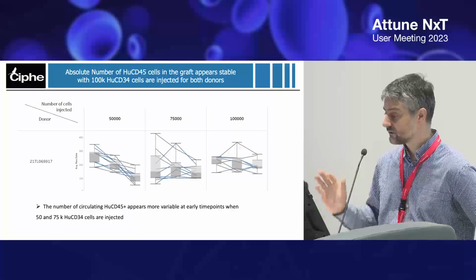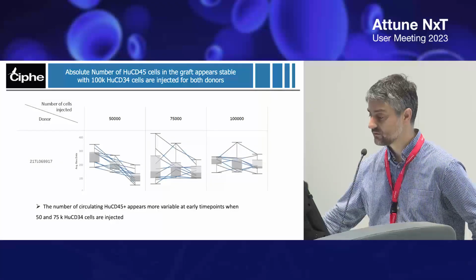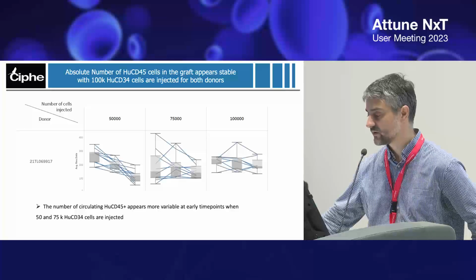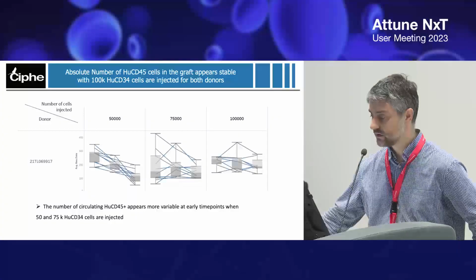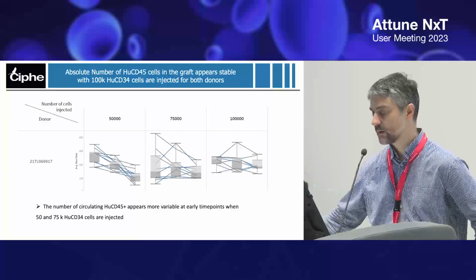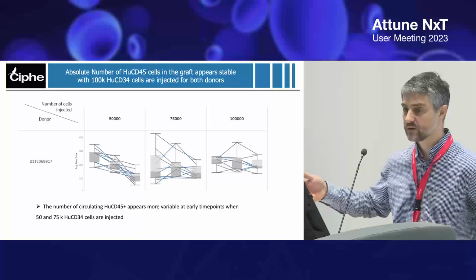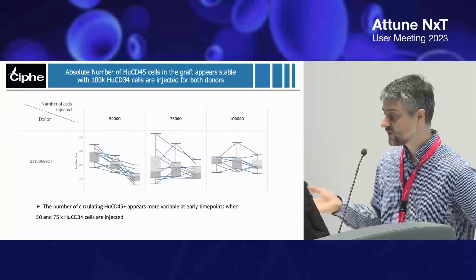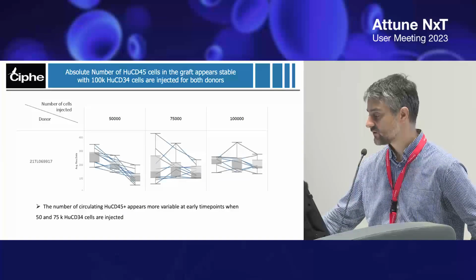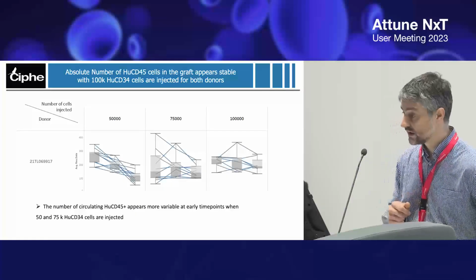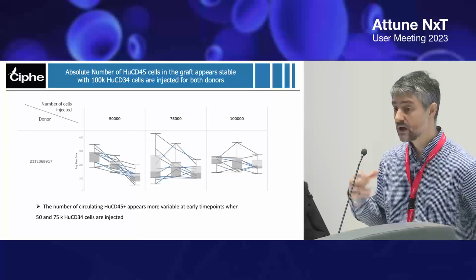For example, if you inject different numbers of CD34 cells, like here 50,000, 75,000, or 100,000 cells, you find out that if you don't inject enough CD34 stem cells at humanization, over time the graft decreases the number of circulating cells. So the quality is not stable across time. Whereas if you inject 100,000 cells, then you have something stable, and for different donors. And this was only possible because we were counting, getting the proportions, everything in one assay.